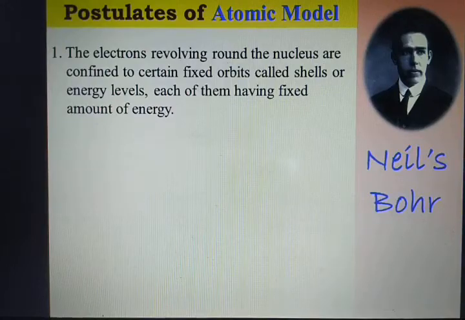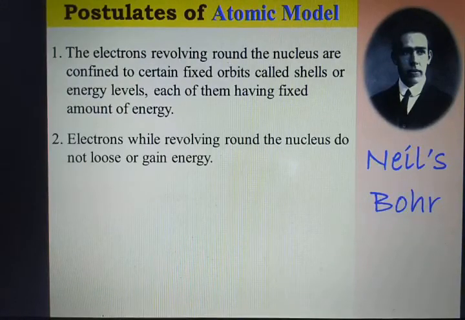But over here, Niels Bohr slightly modified this and said the electrons will be confined. Confined means they will not leave their particular positions when rotating around the nucleus, until external energy is supplied. So they will revolve around the nucleus in a fixed orbit, but they are confined there.